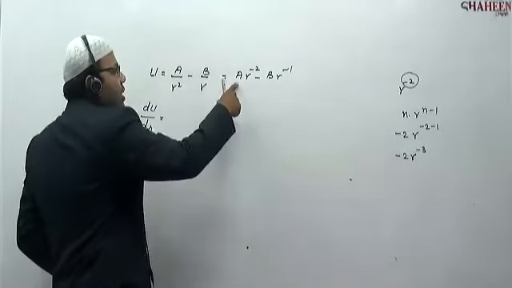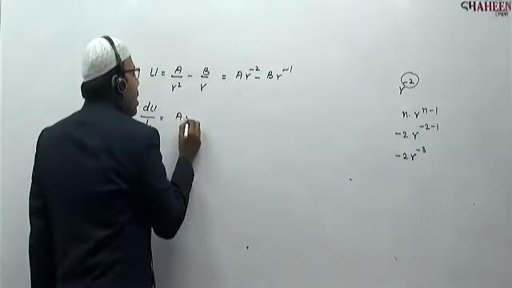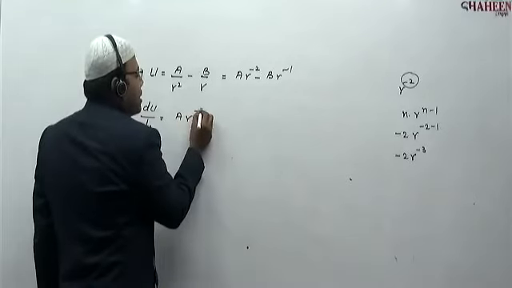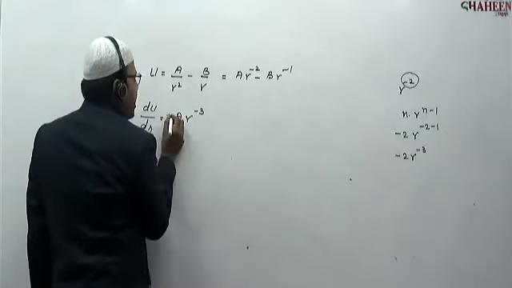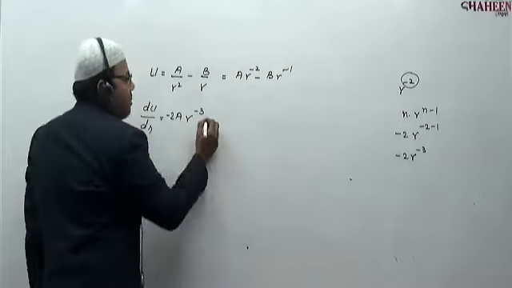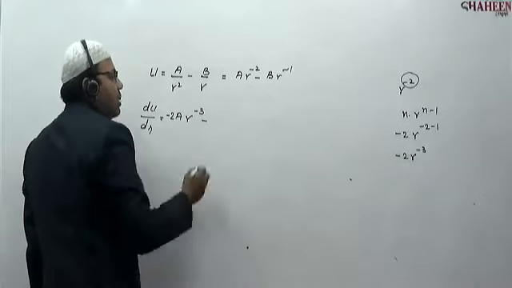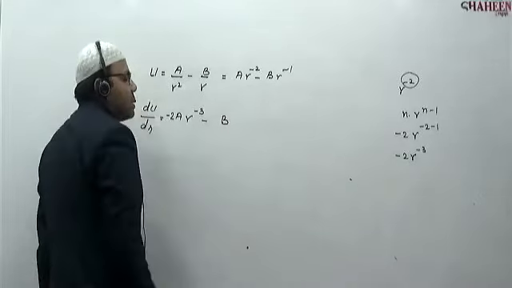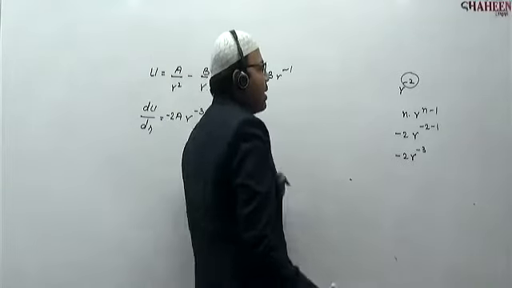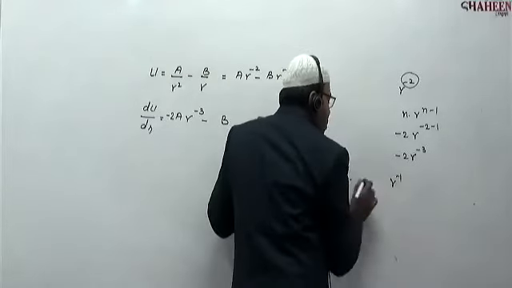So when I differentiate this part, a r power minus 3, and the minus 2 is also there, I am writing that minus 2 here. Minus this b as it is. Let us go for r power minus 1.